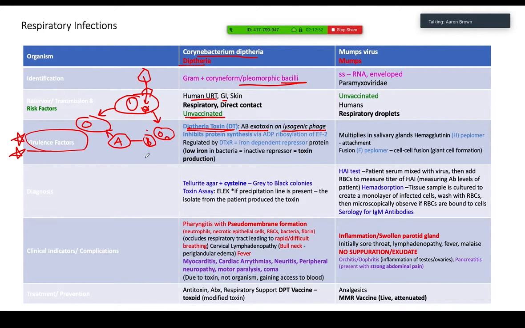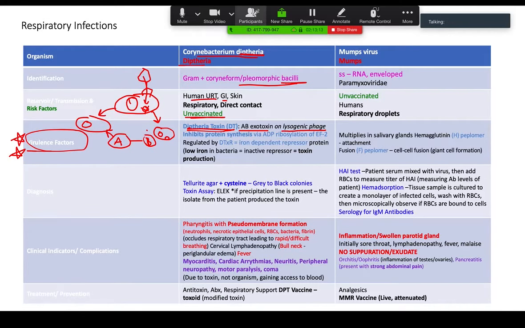And so this idea of a lysogenic phage is important because you can have a diphtheria bacteria that is not going to manifest with any pathology. You can have a diphtheria infection without having all of the pseudomembranes and things we're going to talk about. And so why is that? Because of this lysogenic phage. It's carried separate from the bacterial DNA, but it is carried through the generations of bacteria.